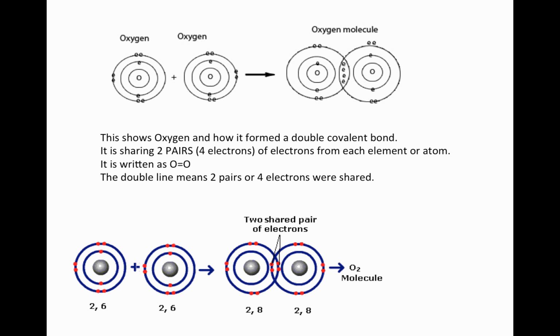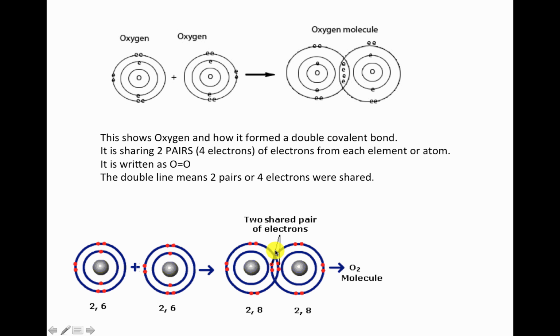A pair means 2. The picture on the bottom is another demo of the same thing. With the numbers 2 and 6, they are indicating 2 in the first shell, 6 in the outer shell. This one is showing you the electrons just as the top picture did, it's just colored.